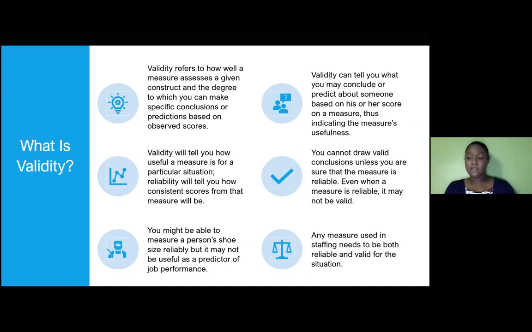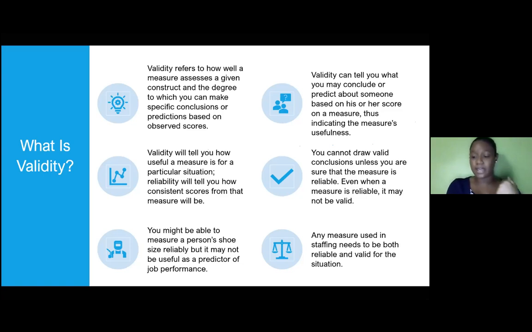If we're measuring intelligence, then our instrument should be measuring intelligence. If we want to look at personality, then our instrument should be measuring personality. And what this translates to is that our measure is valid.